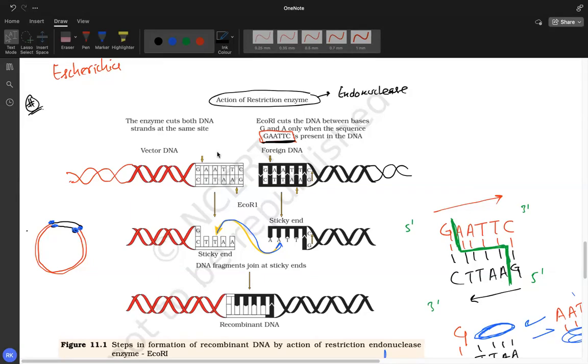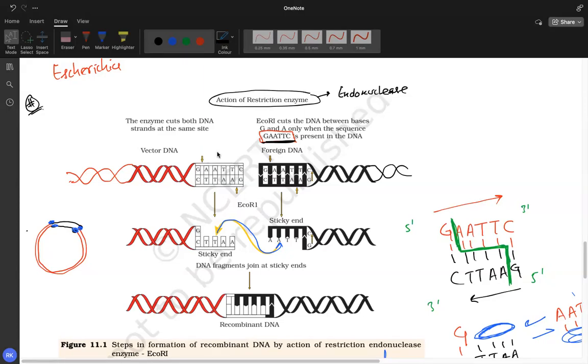at specific points in their sugar phosphate backbone. So this is where a restriction endonuclease cuts.